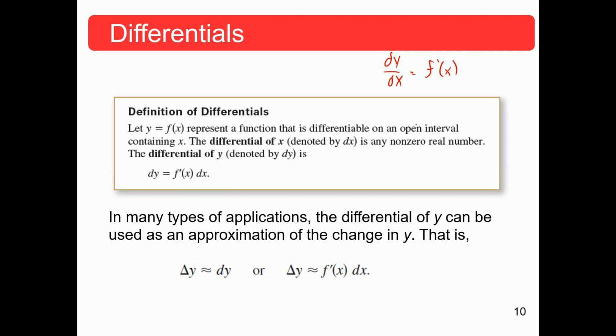Now, I'm going to reiterate this, and I can't stress this enough, that what I'm fixing to do has no basis in mathematics. But it looks like mathematics. What happens if I multiply both sides by dx? Which is not something I can do because dy dx specifically means something. But if I could, I would wind up with dy equals f prime of x dx, which is true.